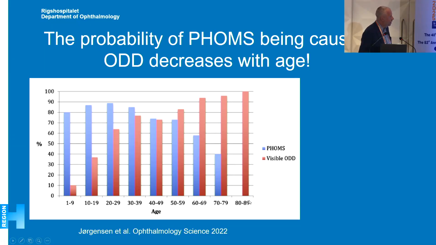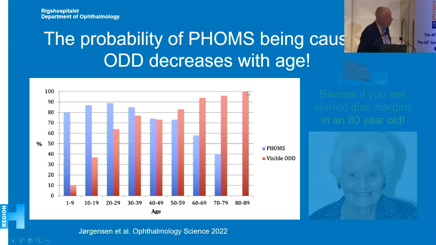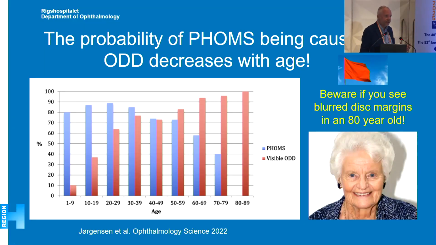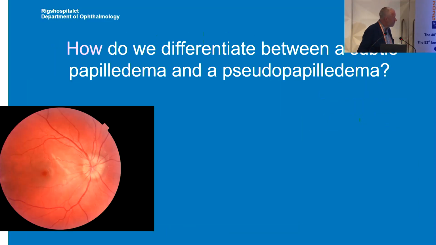And when you're above 80 years old, you don't have any FARMS left. However, the visibility of the drusen is very low when you're young, but it gets more and more visible. And when you're very old, you can see all the drusen. So this is why if you see blurred disc margins in an 80-year-old, it usually is true disc edema.